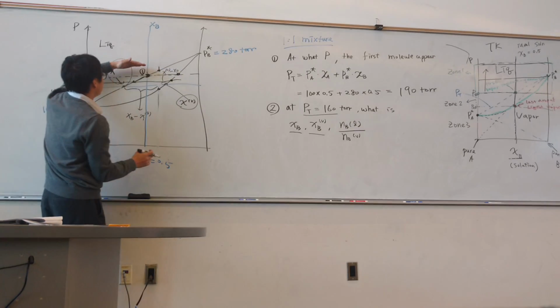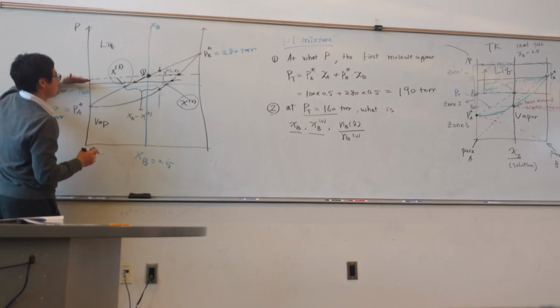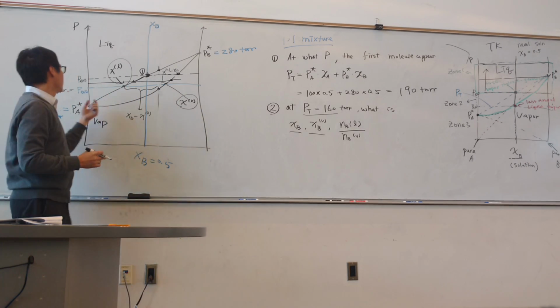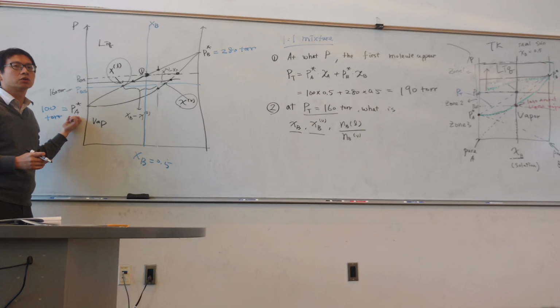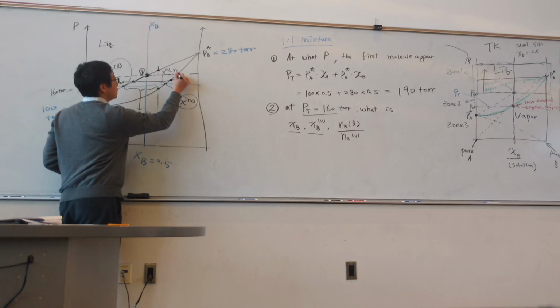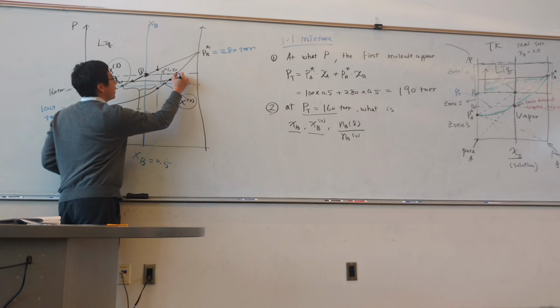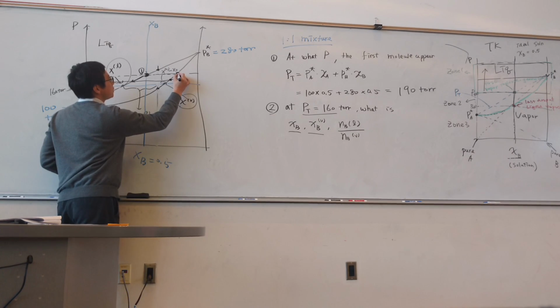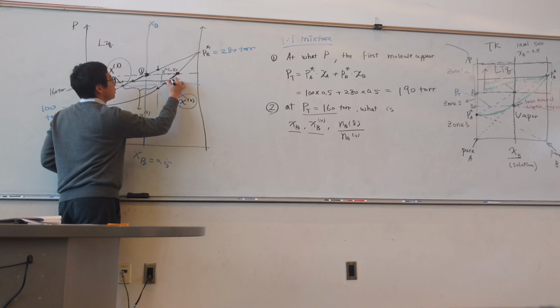When you decrease the pressure, now not only can your B evaporate from the solution, your A is going to evaporate from the solution too. Therefore, in the beginning you have a very high concentration of B in the vapor phase, but when you lower the pressure, some of the A is going to evaporate into your gas phase. Therefore, it's moving in this direction.